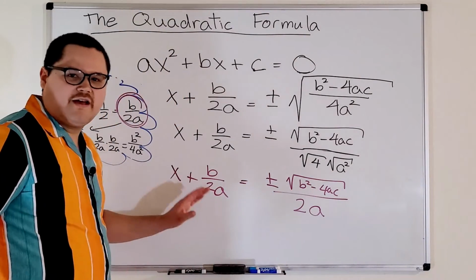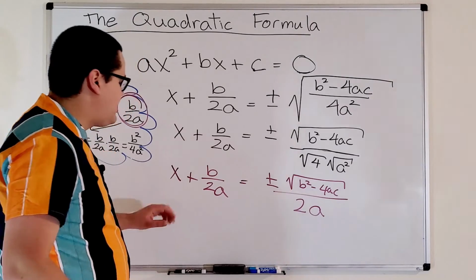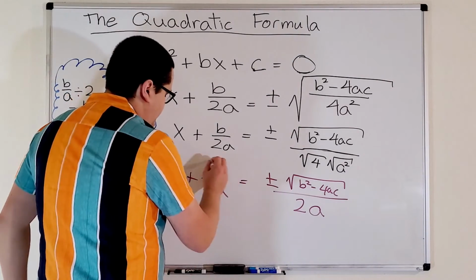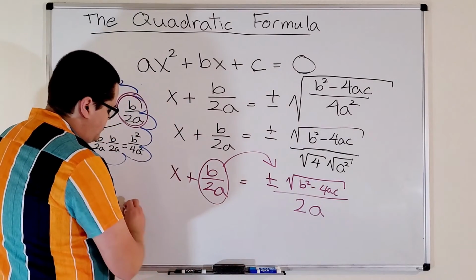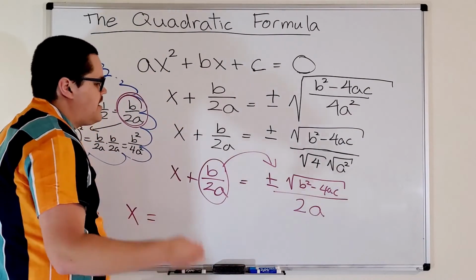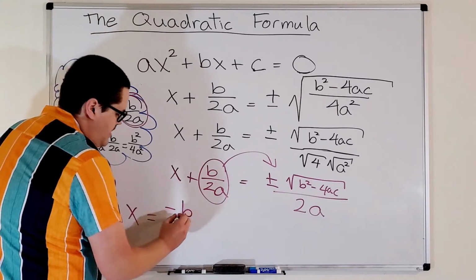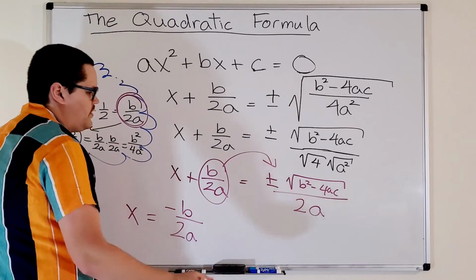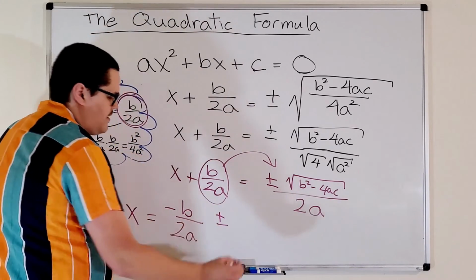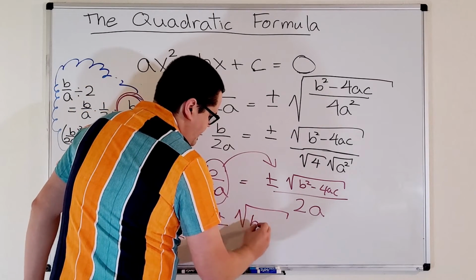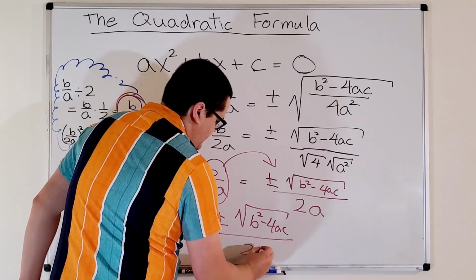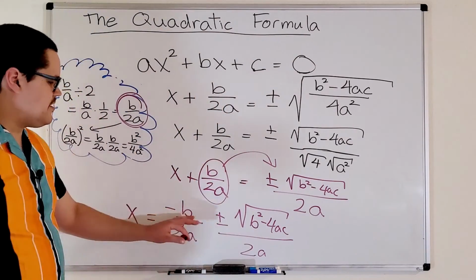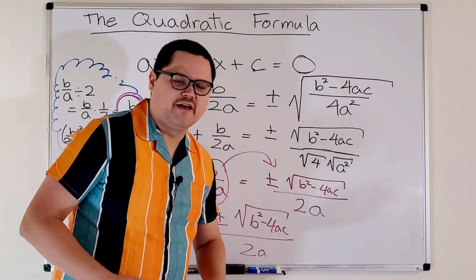The very, second to last step is we move this term to the other side. And of course, we flip the sign. So x is negative b over 2a plus or minus that quantity, the square root of b squared minus 4ac over 2a.